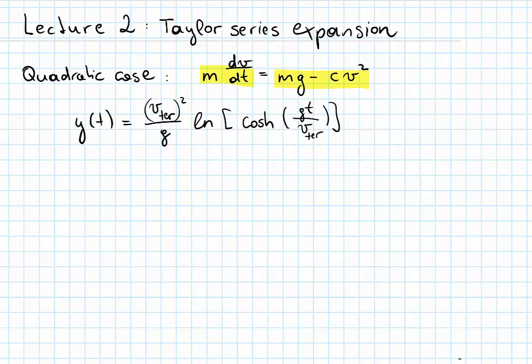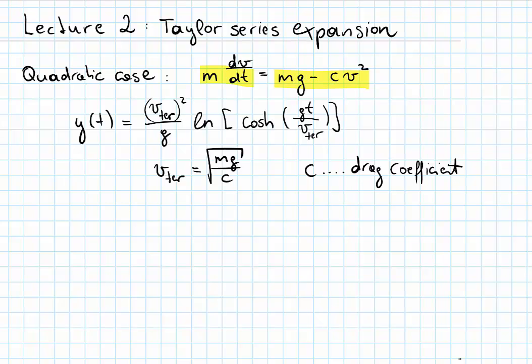that the position of the baseball as a function of time is given by the terminal velocity squared divided by g times ln of the hyperbolic cosine of g t divided by v terminal, where we calculated v terminal to be the square root of mg divided by c, and c is the quadratic drag coefficient.